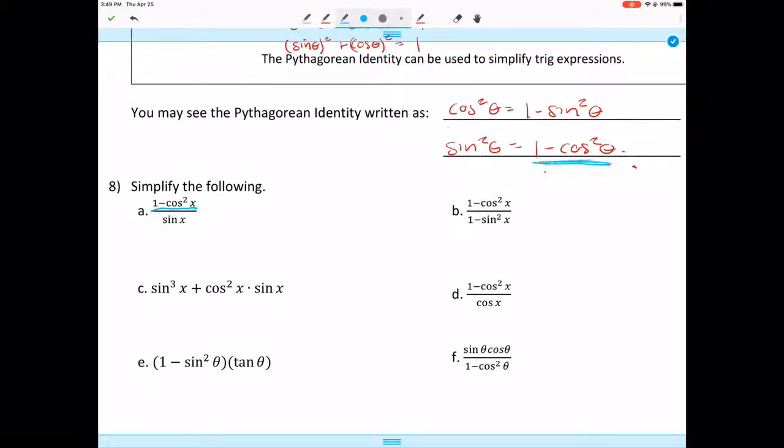That is right here, so we can substitute that with sine squared of x over sine of x. And sine squared of x is the same thing as sine x times sine x. We could divide that by sine x, and that would cancel, and all we'd get is sine of x.